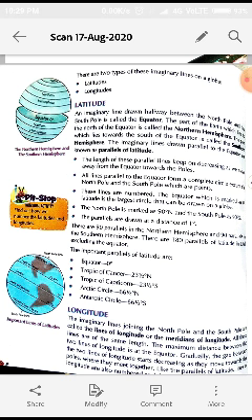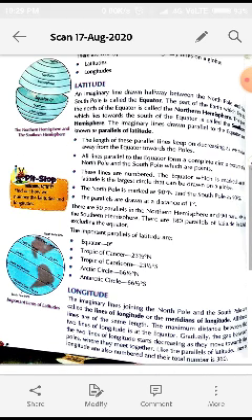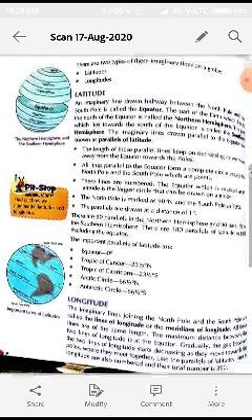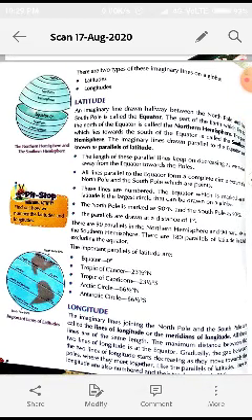You can see the equator at 0 degree and the parallels of latitude in this diagram. Now, the features of these lines of latitude, or parallels of latitude.